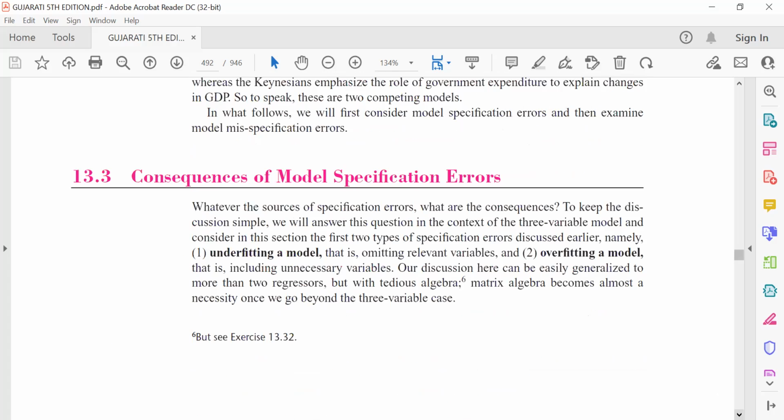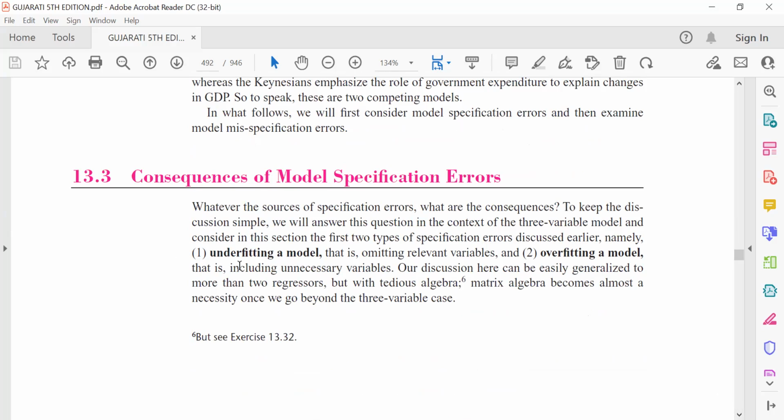What are the consequences? Okay. Whatever the source of specification error, what are the consequences? To keep the discussion simple, we will answer this question in the context of a three variable model. One, underfitting a model, omitting a relevant variable. Second, overfitting a model.